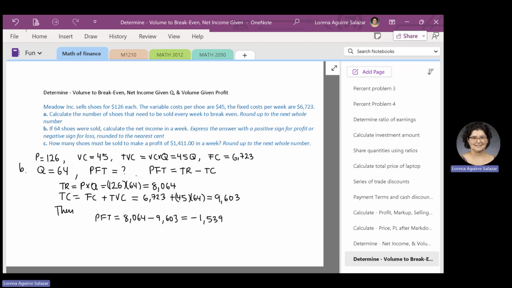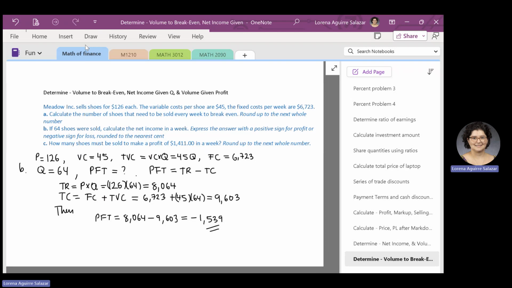Total revenue is P times Q. The total costs are fixed costs plus total variable costs. The answer to part B is minus $1,539. So there is a loss of $1,539.